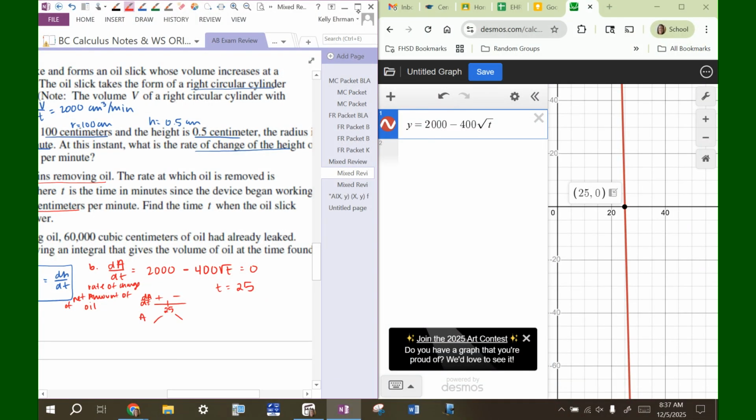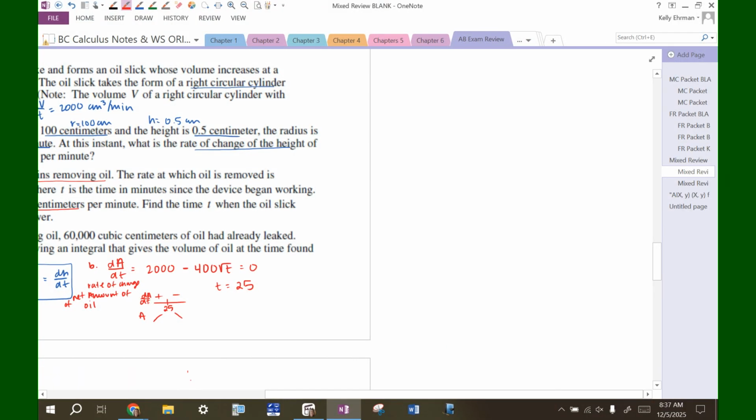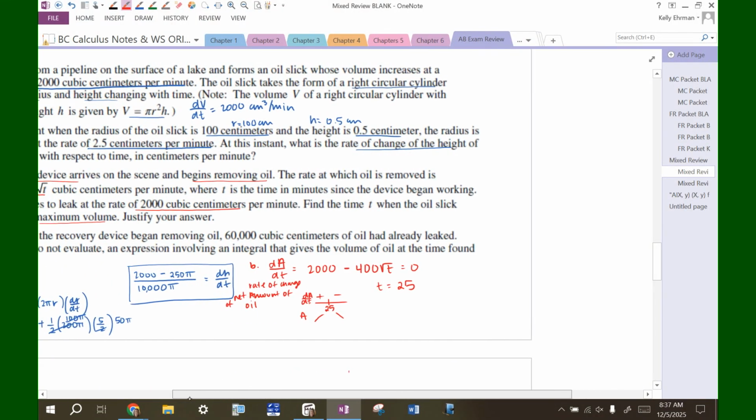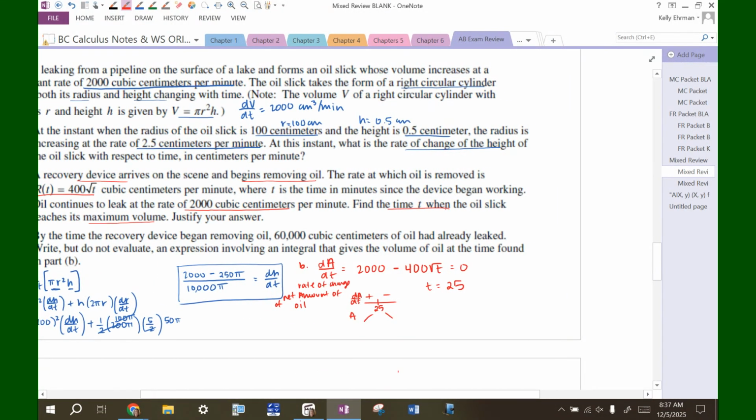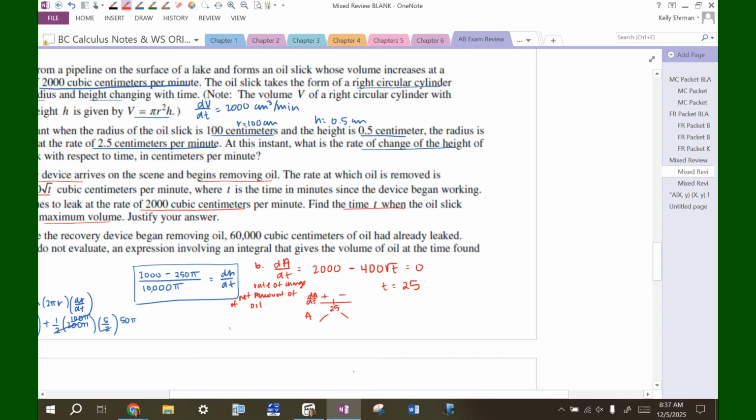So the maximum amount, does it want me to find the maximum amount? Find the time when the oil slick, so the max volume occurs at t equals 25 minutes, which is the relative max.